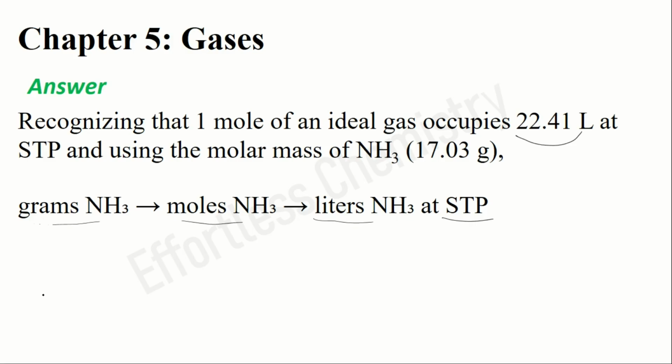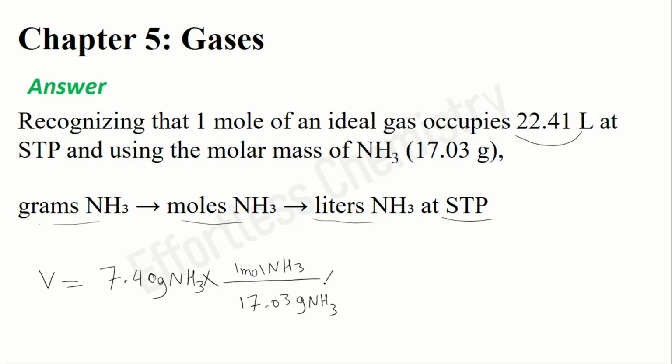How do we do that? Okay, we write like that. To find the volume, we have 7.40 grams of ammonia multiplied by, we know 1 mole of ammonia has the molar mass of 17.03 grams of ammonia, and it has been shown that at STP 1 mole of ammonia occupies 22.41 liters of volume.